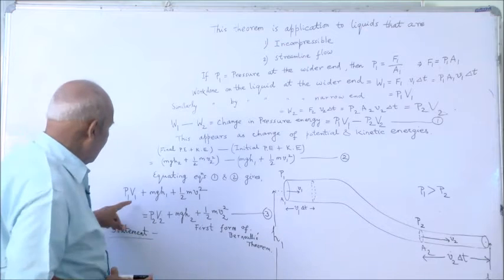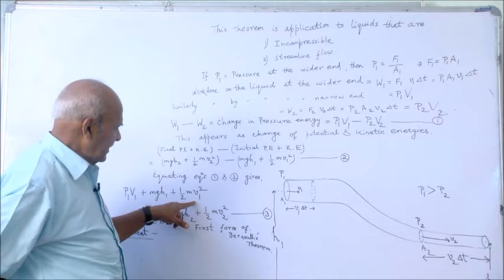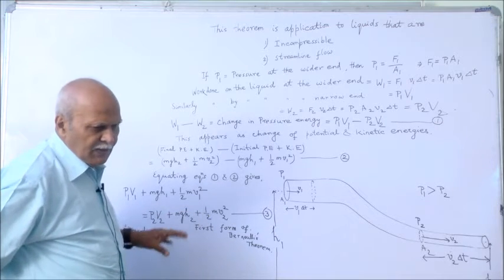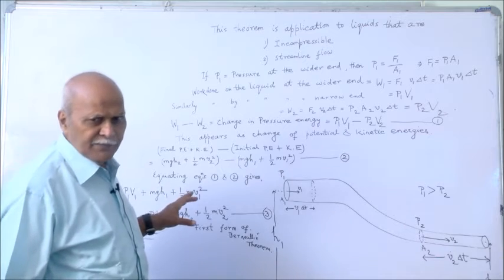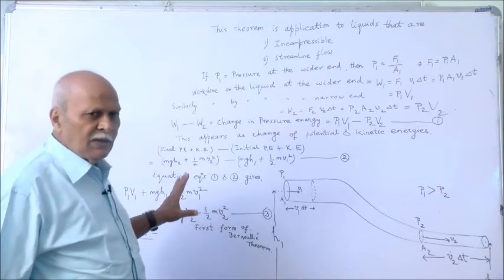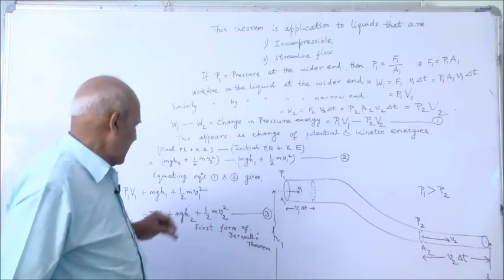You see, this is pressure energy, this is potential energy, this is kinetic energy. That means, the sum total of pressure energy, potential energy and kinetic energy is a constant.